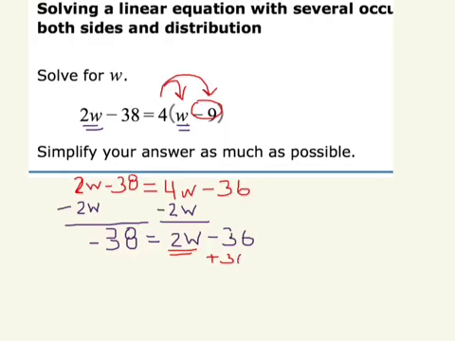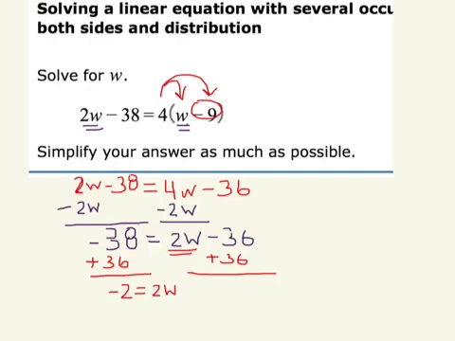I'm doing the opposite of what is happening to the W. If they are taking 36 away, I'm going to add 36. And I'm going to make sure I duplicate that on the left side. Add 36. I've got negative 2 on the left is equal to 2W.